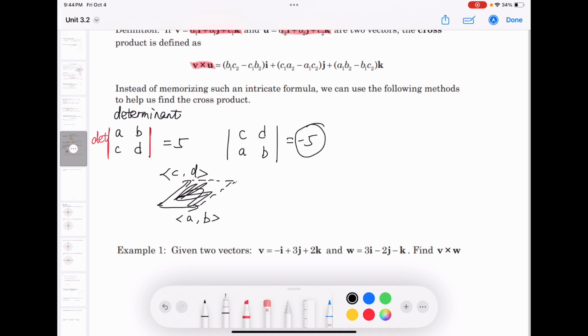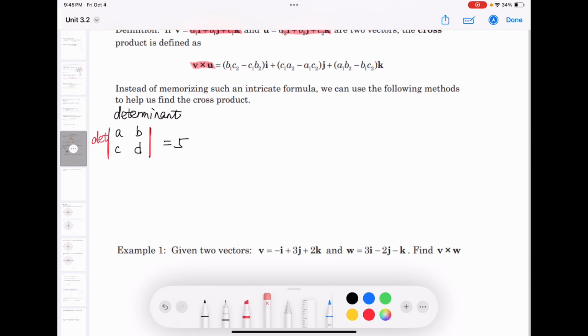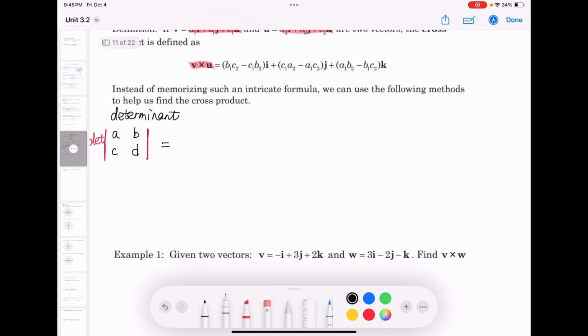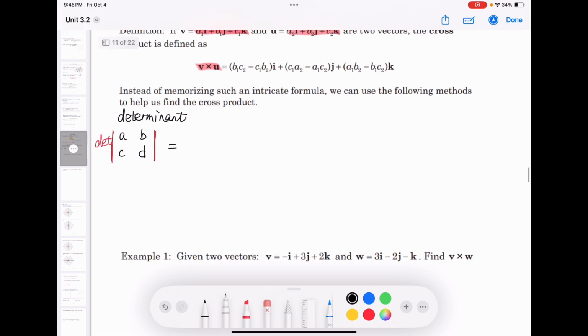So let's move on. Let's clear space. Okay, how do we find the value of a determinant? We will do the cross multiplication. Starting from the top, starting from A, and we are going down.